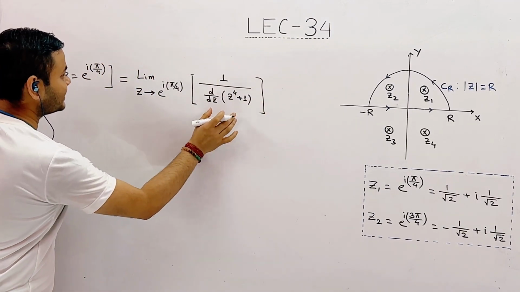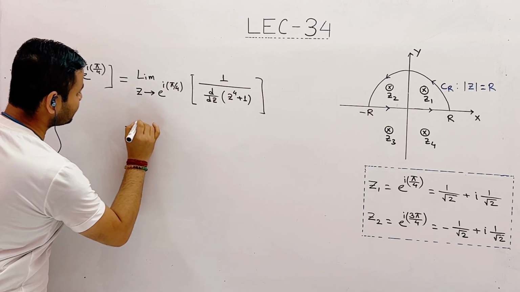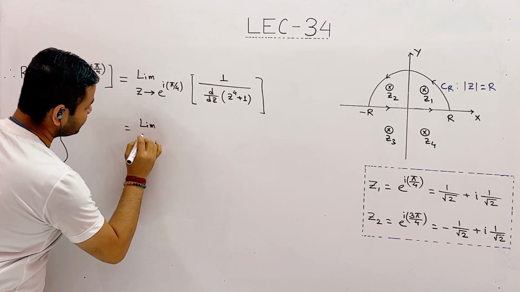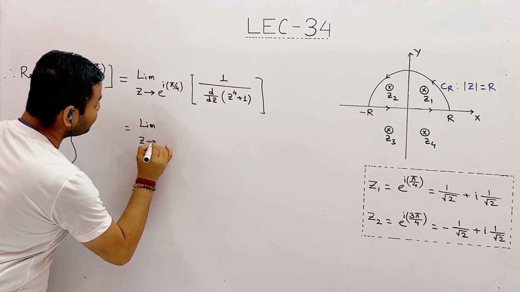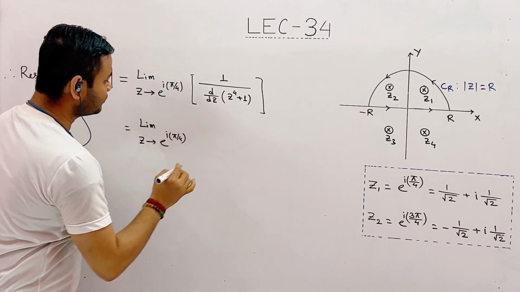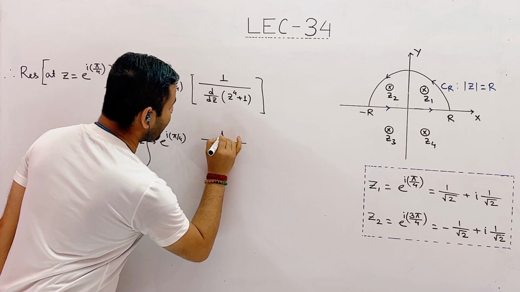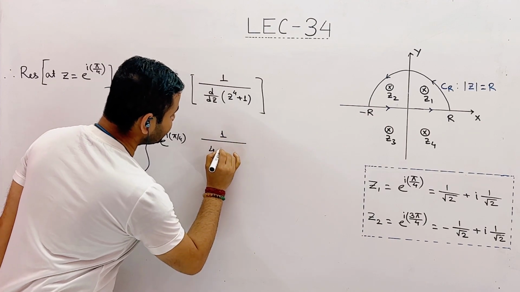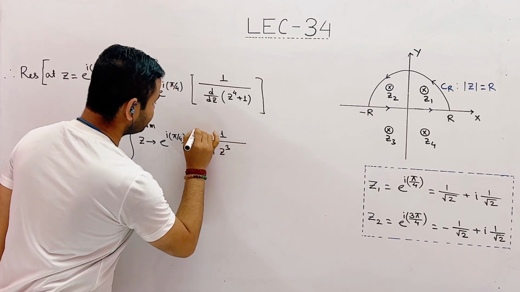So, after simplifying this term, we will get limit z tends to e to the power iota into pi by 4 of 1 divided by 4 into z cube.